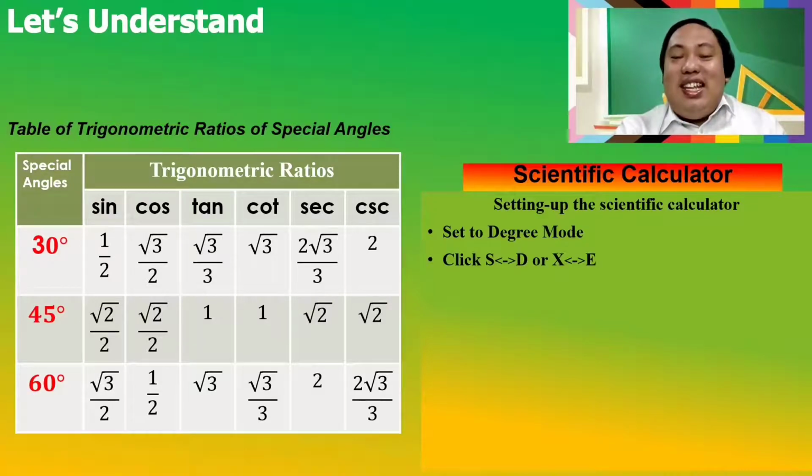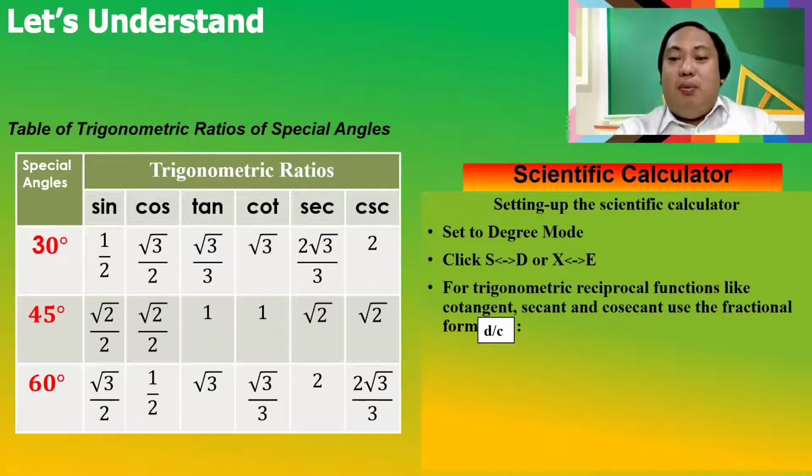Click S to D or X to E. In some calculators like Casio, you have the function there which is S to D. That is standard to decimal. If you do not want to have an answer with decimal, we're going to press that button.